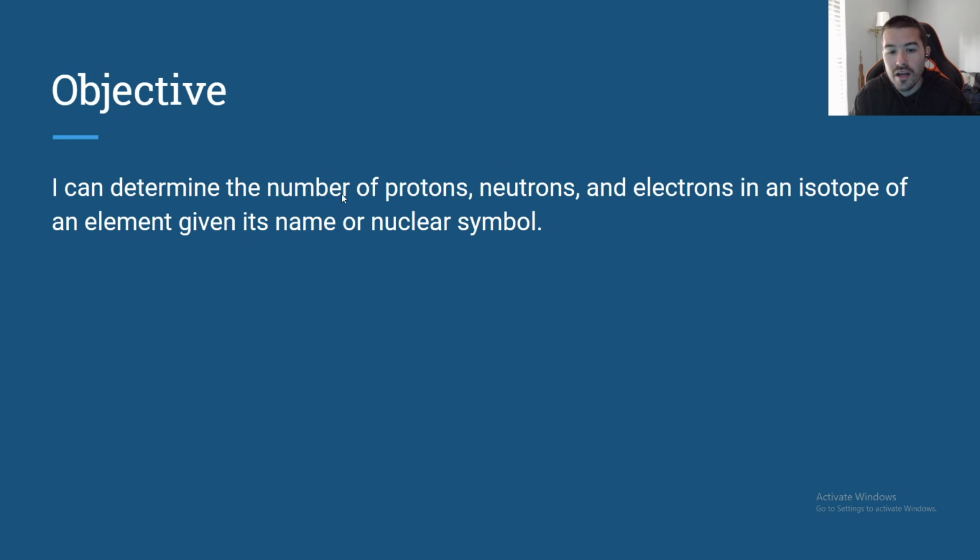We've already kind of learned how to do this first part here, right? Determining numbers of protons, neutrons, and electrons. The thing is, today we're going to be talking about isotopes, which are different versions of the same element, and we're going to be learning how to get these numbers based on either the isotope's name or its nuclear symbol, okay? And I'll reference this objective again as we get further into the video.